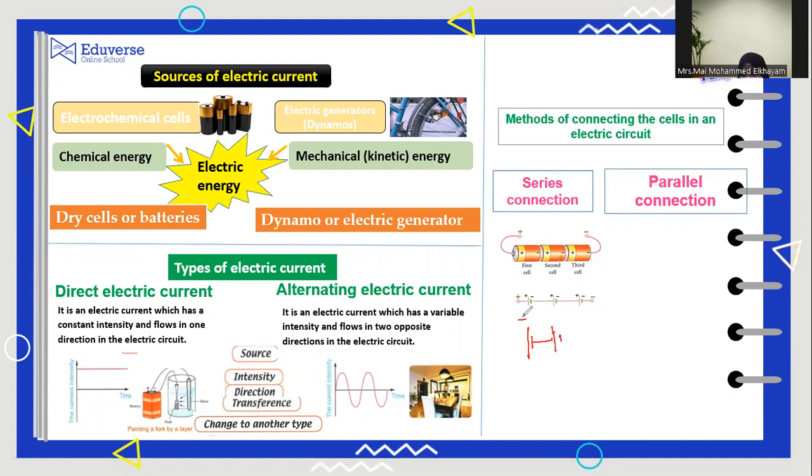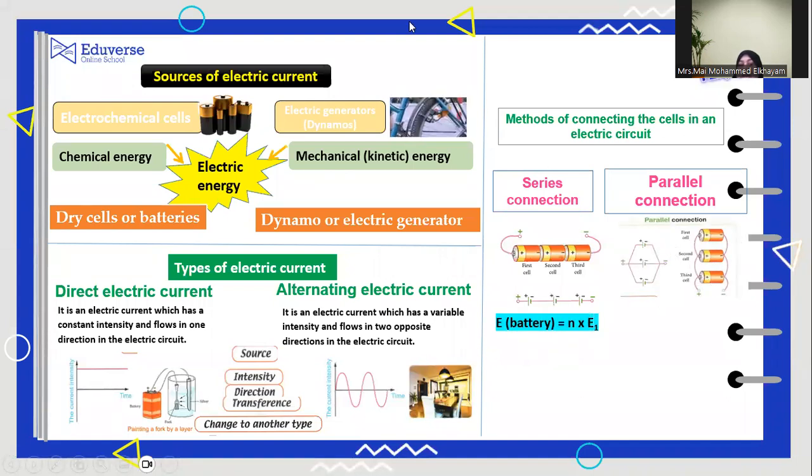You have to write here, this is positive, negative, this is positive, negative, and again with another one, positive and negative. For sure, I have two poles for this battery. This is the negative end, so this is the negative pole, and this is the positive end, so this is the positive pole. And the parallel connection, as you can see here, it will be like this.